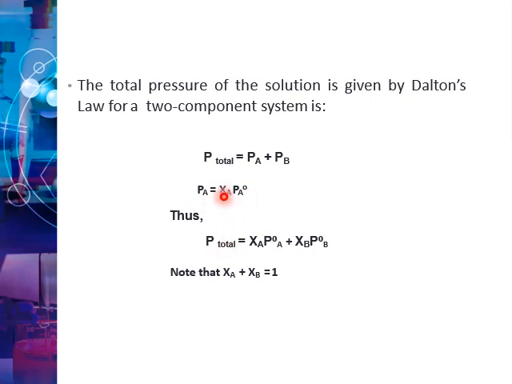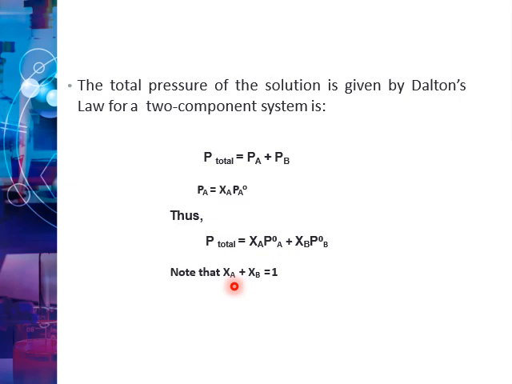So when we take Raoult's law into Dalton's law, we get P total equal to XA PA naught, plus, for PB, we replace with XB PB naught. This gives us a new total pressure for the solution.